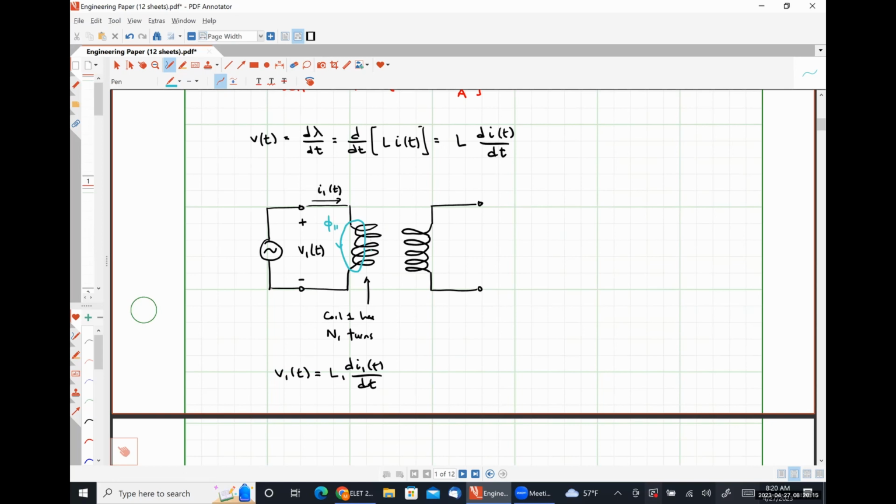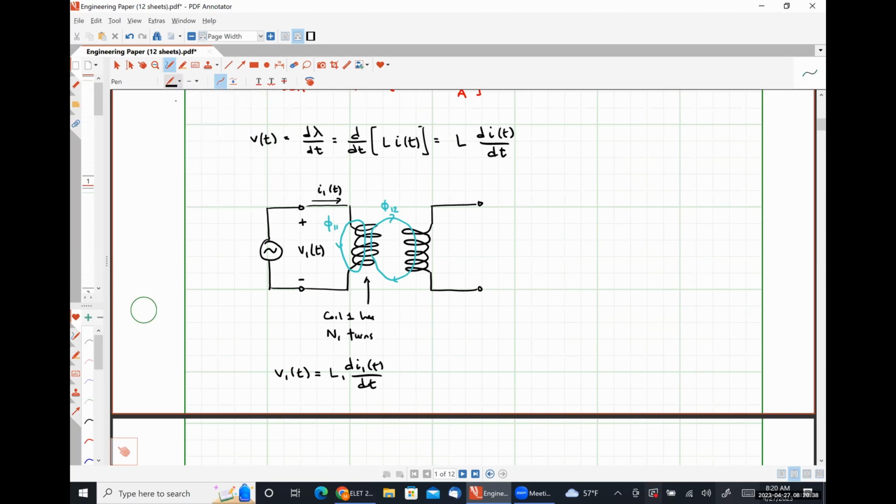And then I'm also going to have some flux, let's call it phi 1,2, produced by coil 1 and passing through coil number 2. So that's where those subscripts come from.